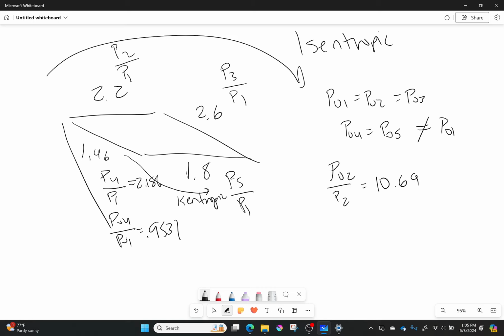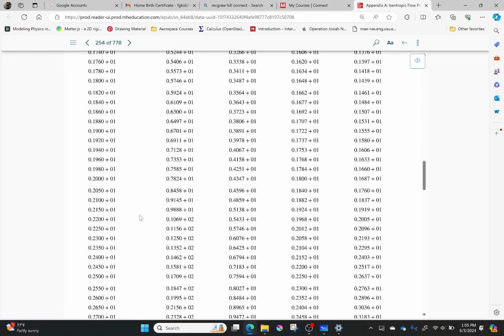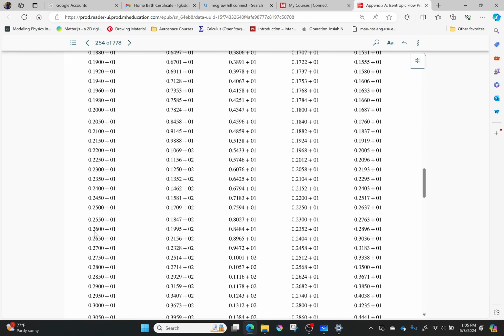We got the first one. Now let's do P03. That's 2.6. We're going to get that value as well. So 2.6, go down a little bit right here, and that's going to be 19.95. That's the ratio.